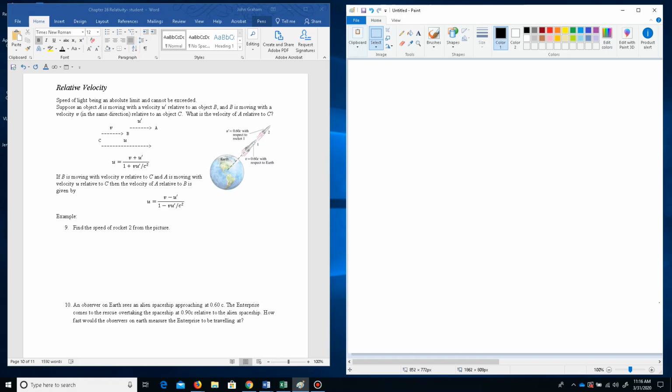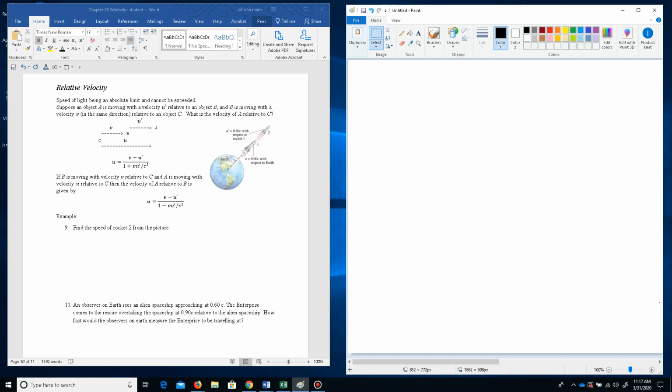So we suppose object A is moving with velocity u prime, which is going to be relative to object B. And B is moving with a velocity v in the same direction relative to object C. So in this picture, C is Earth, B is this rocket, and that rocket is shooting another rocket, which is going to be A. This rocket has speed v, this rocket has speed u prime.